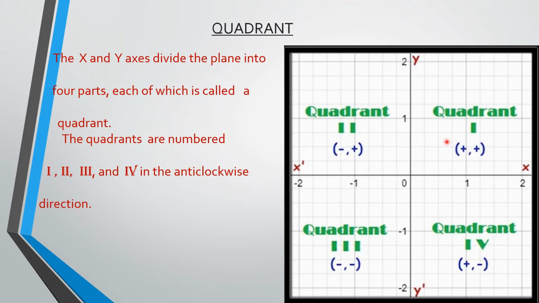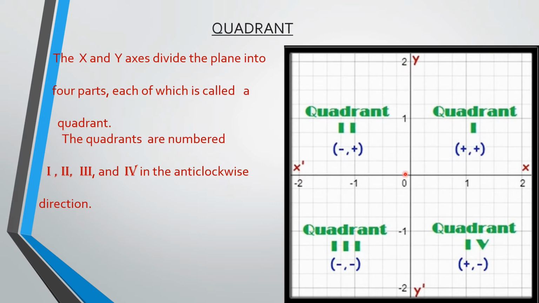Here they are numbered quadrant 1 and quadrant 2, and this is quadrant 3 and quadrant 4. In the first quadrant, the x coordinate and y coordinate are positive. That is why it is positive and positive. In the second quadrant, the x coordinate is negative and the y coordinate is positive.